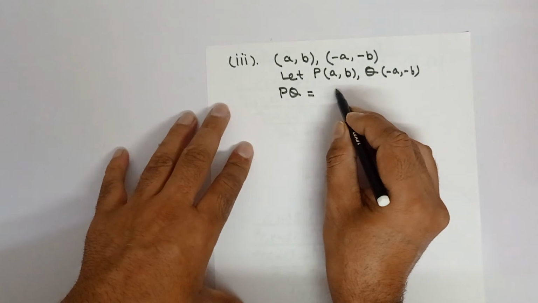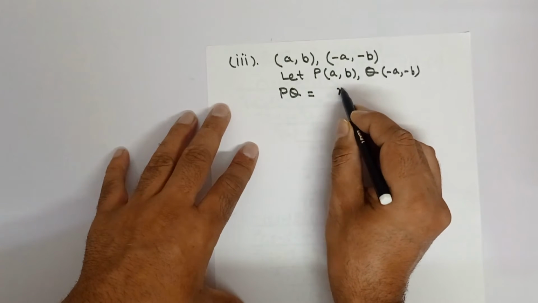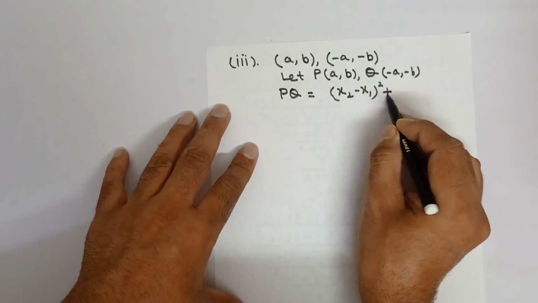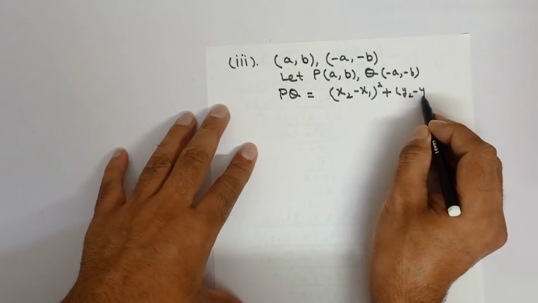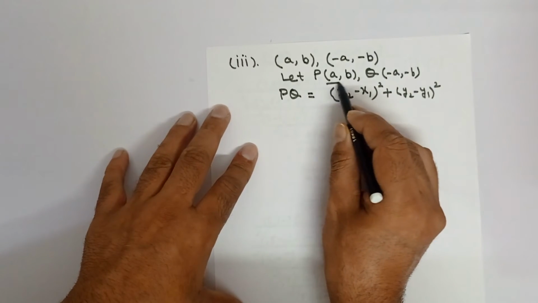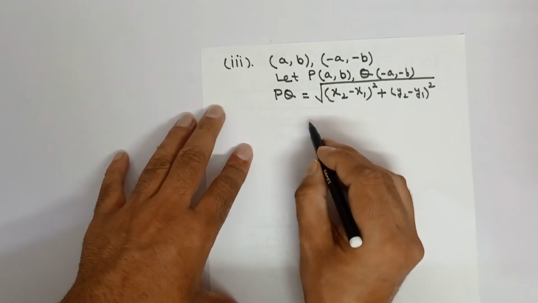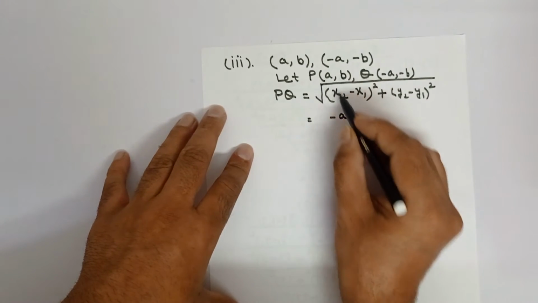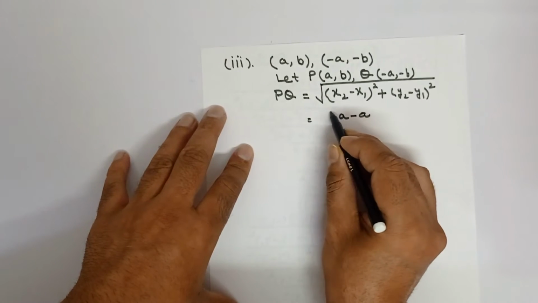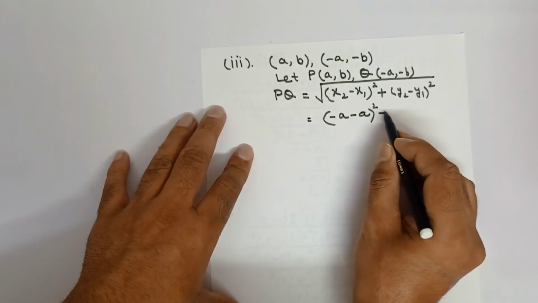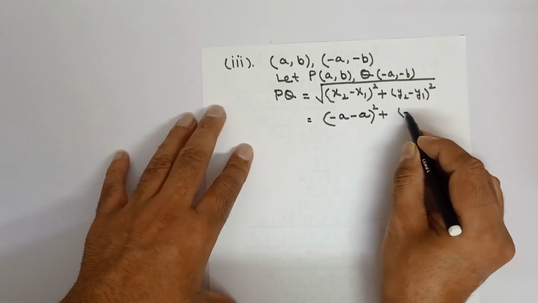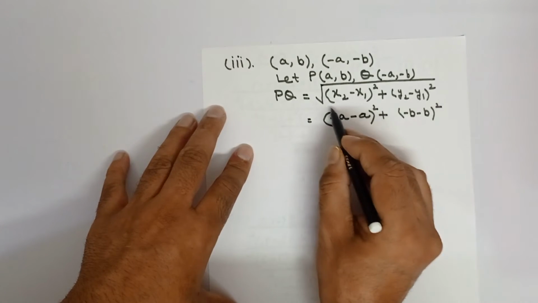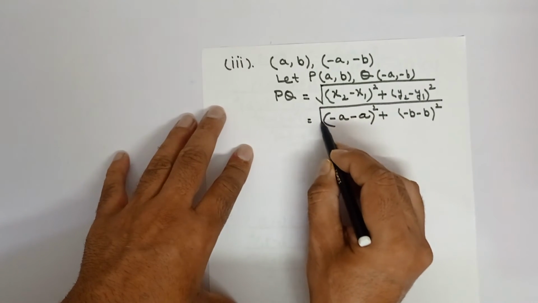Now here I am applying the formula x2 minus x1 whole square plus y2 minus y1 whole square under root. x2 is minus a and this is minus a. This is whole square plus y2 is minus b and this will also become minus b whole square, and it is whole under root.